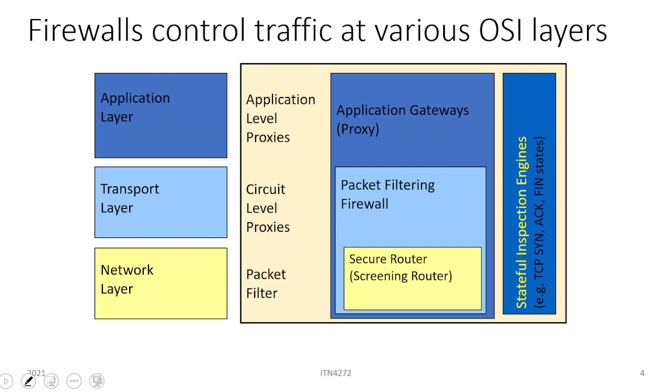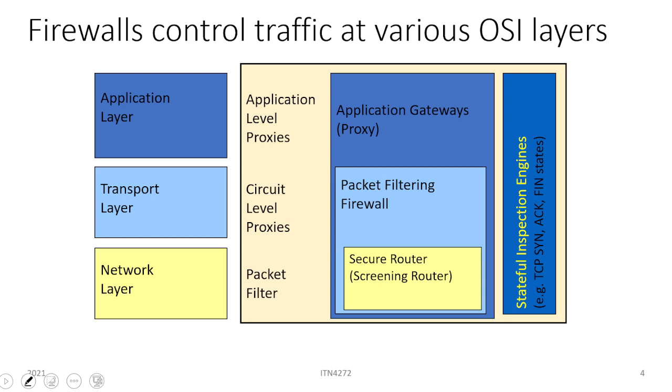And when we think about the OSI layers, we can think of firewalls being deployed at different layers. We can have packet filtering at the network layer. We can have transport layer level securing.